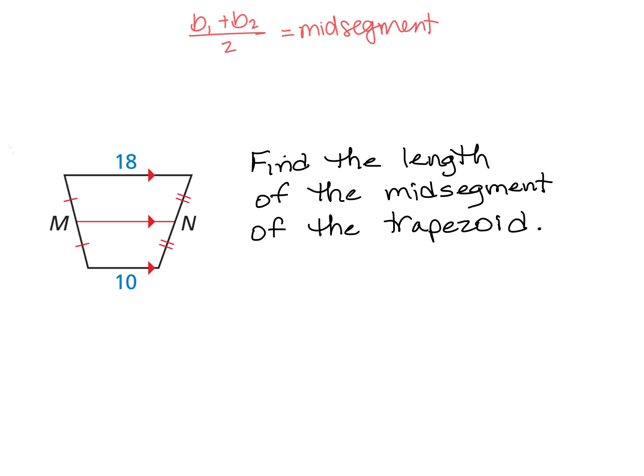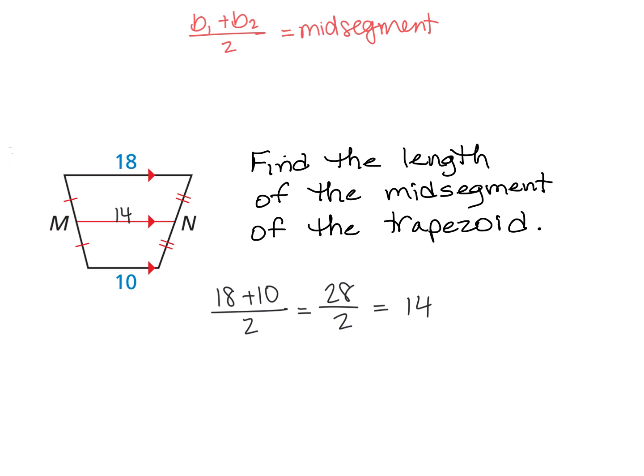So it says find the length of the mid-segment of the trapezoid. What two numbers am I going to be adding? What are my bases? Good. Does it matter which one goes first? No, it doesn't matter. So I'm going to put 18 plus 10, divided by 2. I'm going to get 28 over 2. If you simplify it, that's going to give you 14.